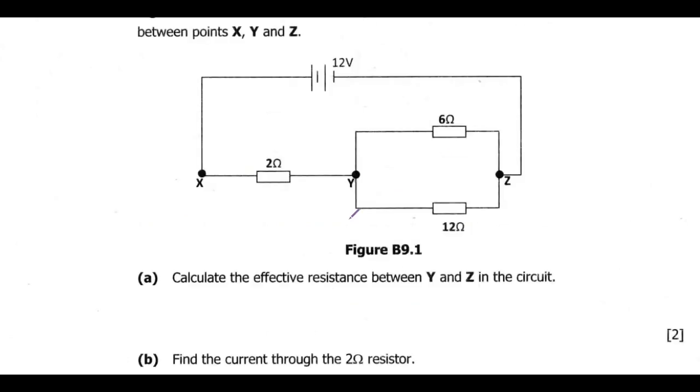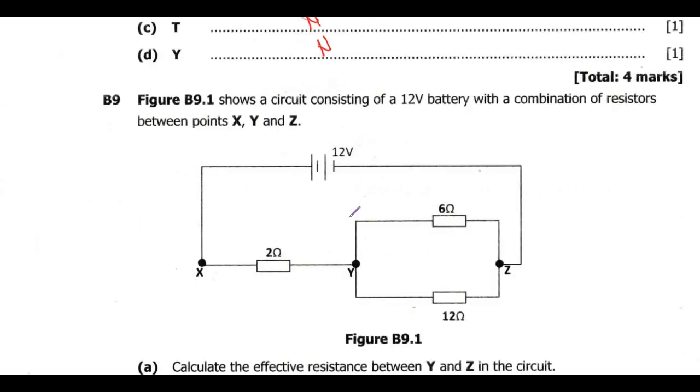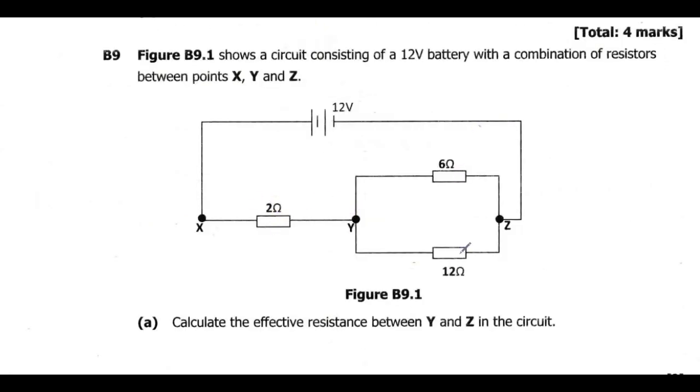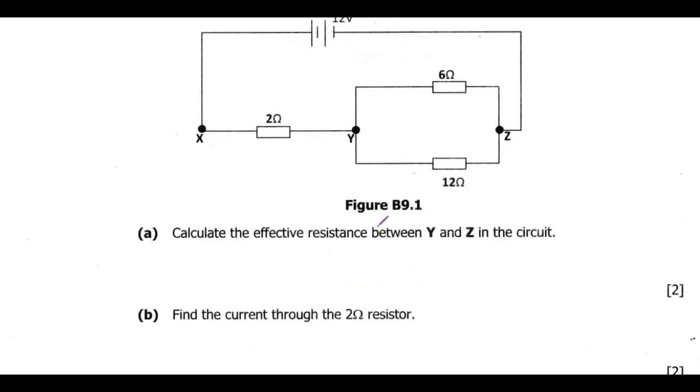So when you're finding the total resistance in parallel, we calculate it in this form. So 1 over total resistance will be 1 over resistor 1 plus 1 over resistor 2. So which means here it will be 1 over 6 plus 1 over 12.